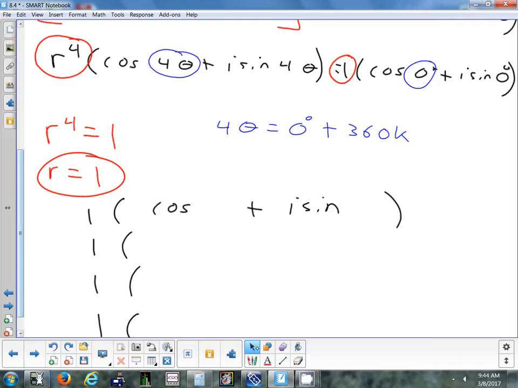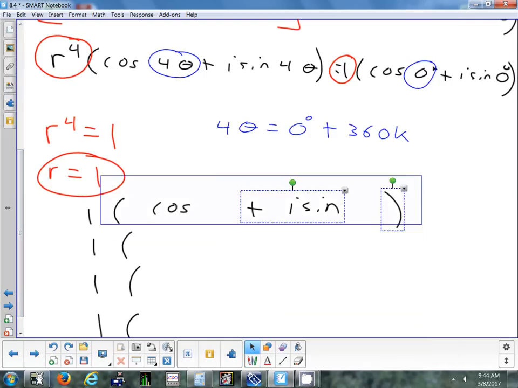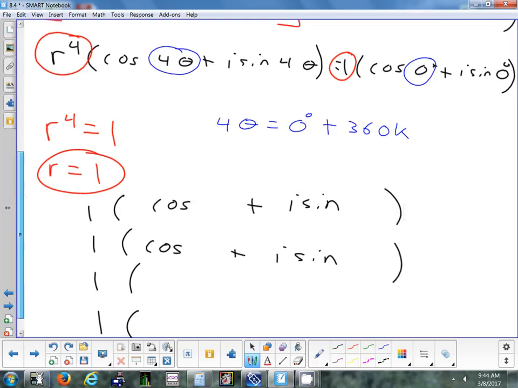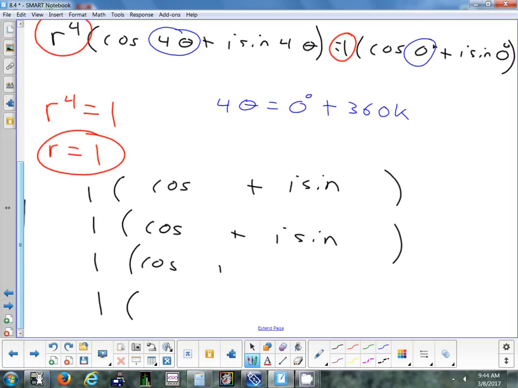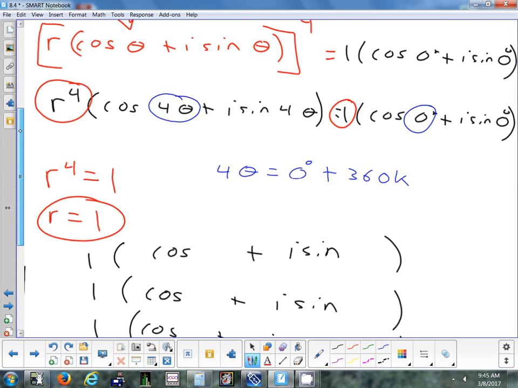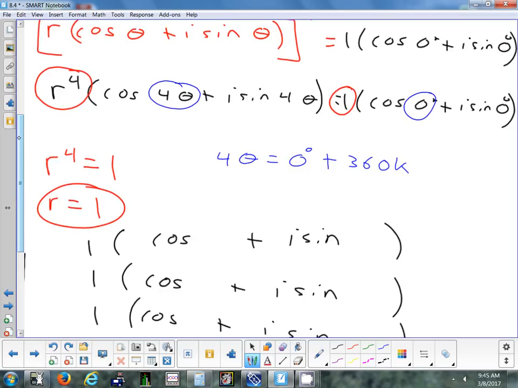And what I'm going to do is just copy this, or just write it a bunch of times. And I need to fill in my angle each time. To find my different answers, we could simplify this equation a little bit.